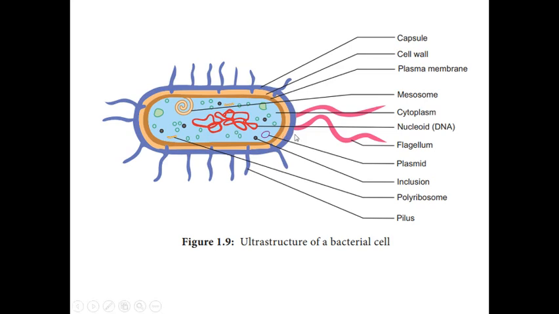So apart from the chromosomal DNA, there is an extrachromosomal DNA molecule present within the cytoplasm of the bacterial cell, and that DNA molecule is known as a plasmid.